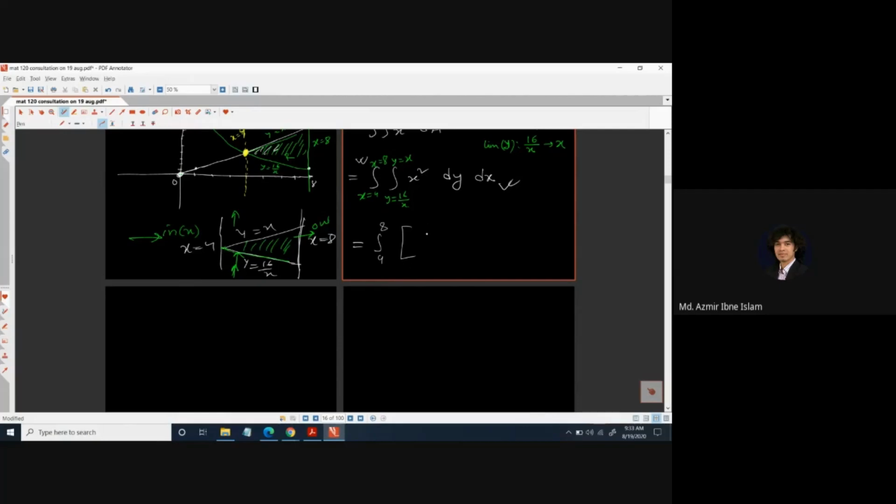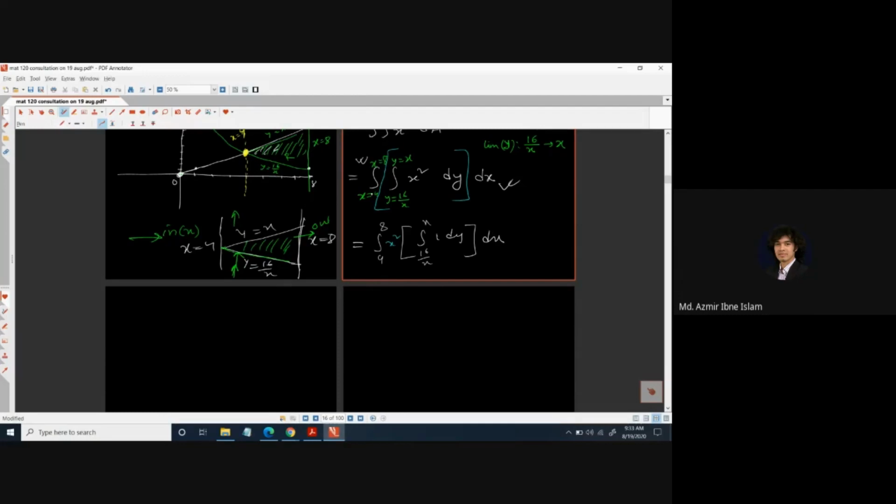So integration from 4 to 8, at first let's integrate in terms of y. Here you have x squared, since we are integrating in terms of y. Let me separate it here, then you will understand. So x squared is written before, and now we have integration from 16 by x to x of 1 dy.